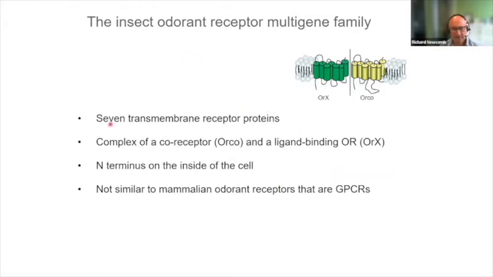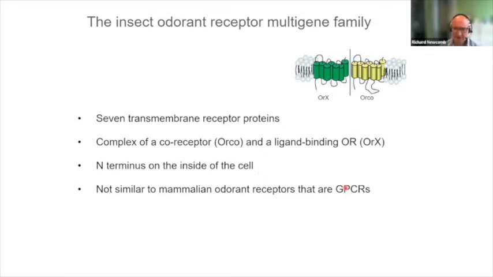For many years, we thought they were the same because both our receptors and the ones that insects use have 7 transmembrane domains. That means they are proteins that traverse the membrane of a cell 7 times. But the key difference is that the insect ones are in the opposite orientation to ours, and in fact they're not G protein coupled receptors at all.